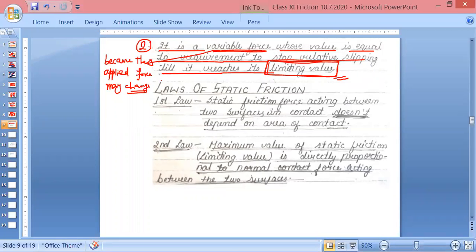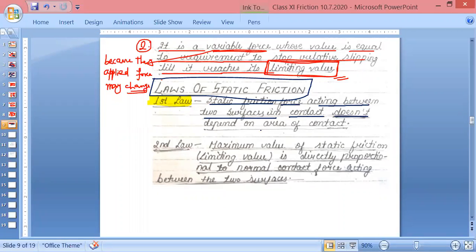There are laws of static friction. The first law: the static friction force acting between two surfaces in contact does not depend on the area of contact.